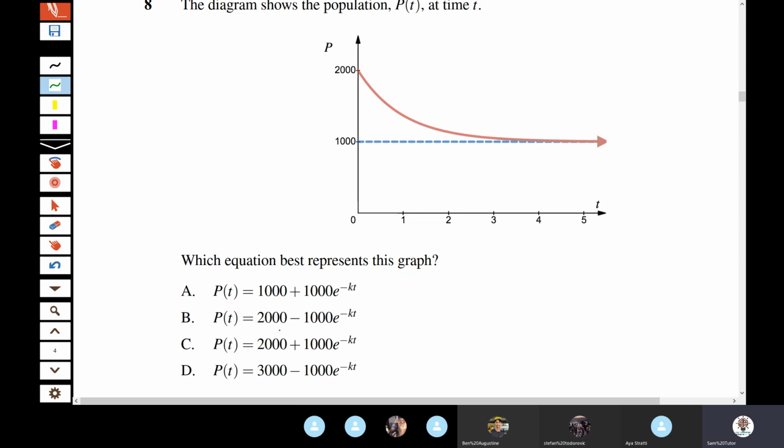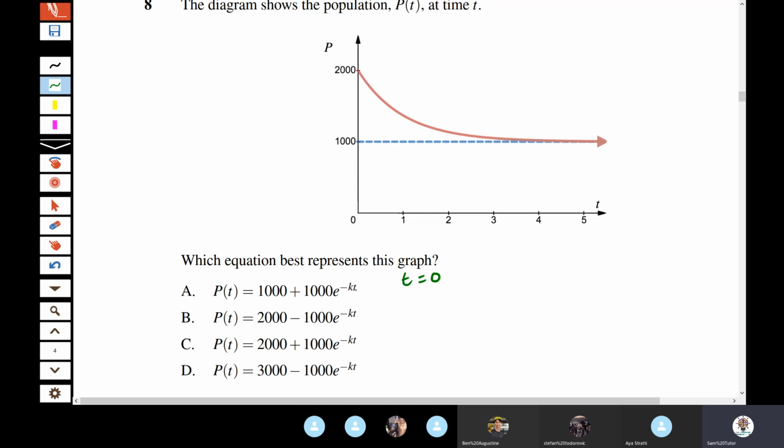Because they're so close, and you might get something wrong, why not take your time and work from the y-intercept at 2,000? Why not sub in time equals 0 into each one until you get a population of 2,000?